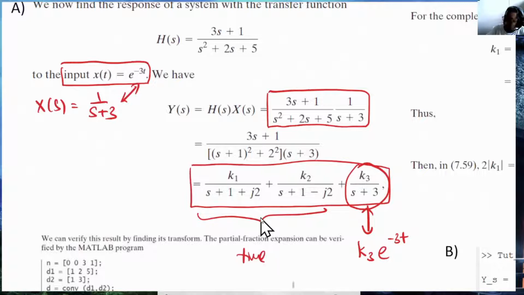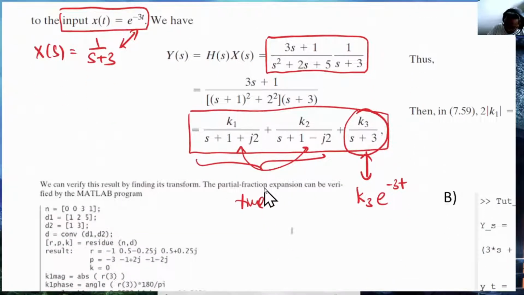So in time domain, once you have seen the denominator with complex conjugate pairs, you'll realize that there will be a cosine or a sine term. The values, of course, then depend on k1 and k2, which will tell us the magnitude and phase of the expression.